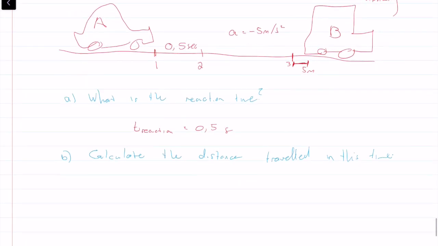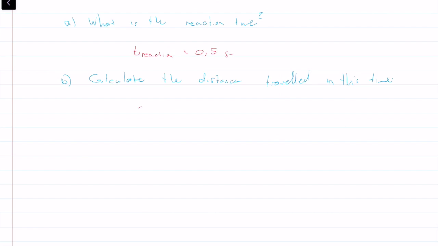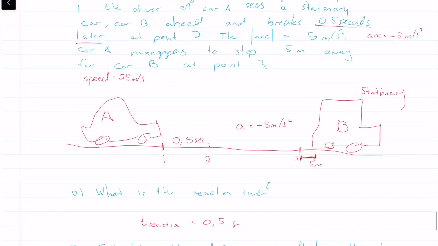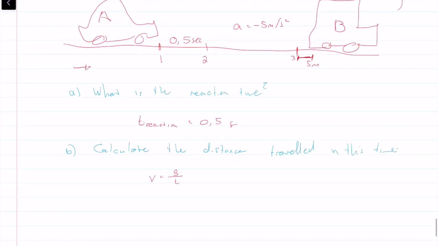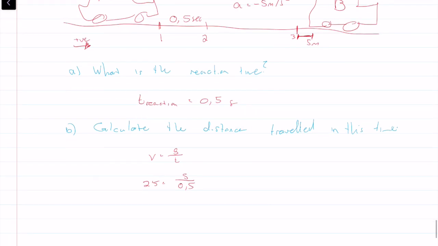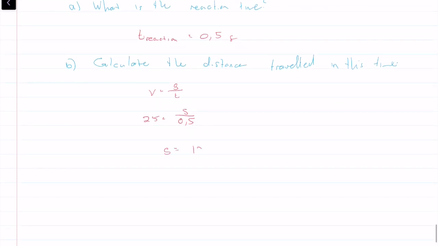So we can use the equation velocity equals displacement over time. Our velocity is given as 25 meters per second, and we are taking right as being positive. So 25 meters per second is equal to our displacement over our time, which was 0.5. So solving for displacement, it is equal to 12.5 meters, direction of right.